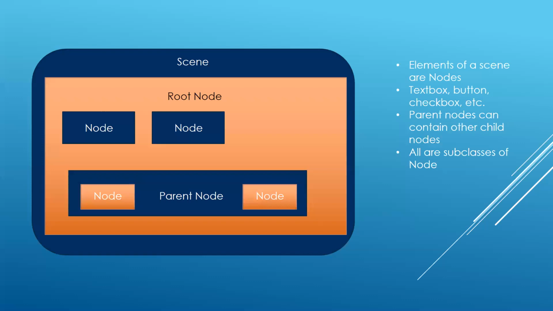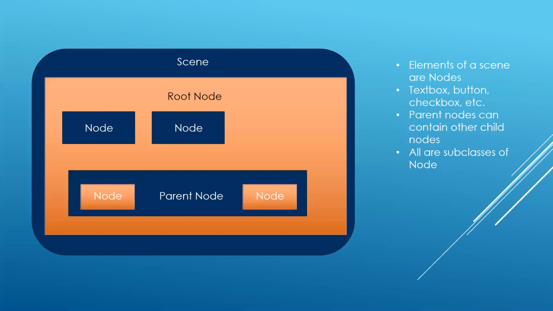So everything like text boxes, buttons, etc., are going to become nodes on our screen. The root node is going to be the node that contains all of the other nodes. Each node then could become a parent if it has child nodes.